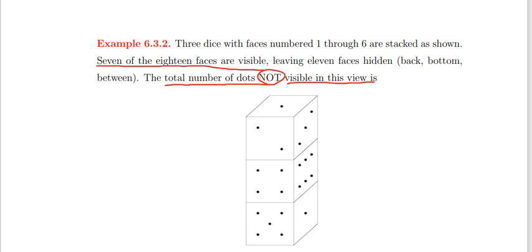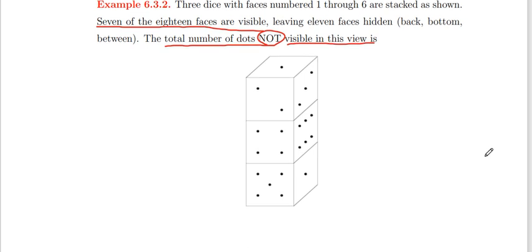So we find in this view the number of dots we can see, and we can add them up. What we can see is 1 plus 2 plus 4 plus 5 plus 3 plus 6 plus 1.